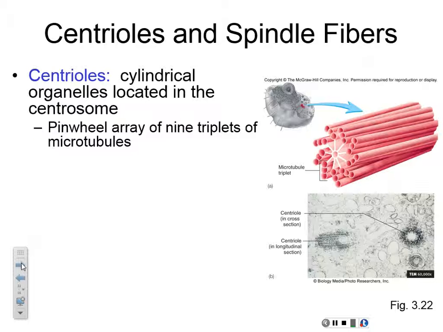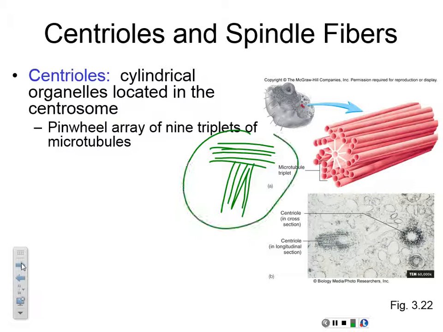Okay, I think there were also challenges with this in the modules. So the centrosome is right next to the nucleus, and that's where you have these two centrioles normally oriented at right angles to each other. So you have a centriole like that and another centriole like that, and then they're located in the area called the centrosome, right by the nucleus.